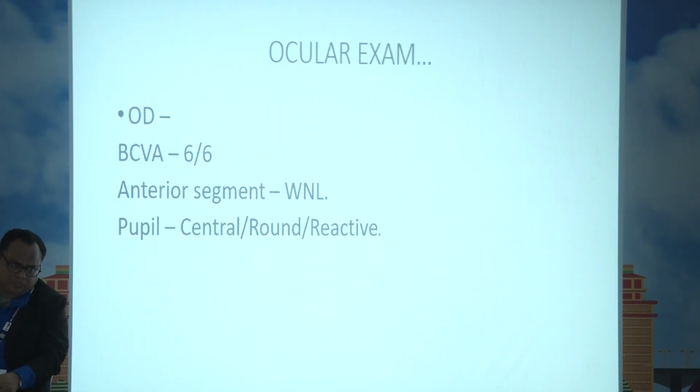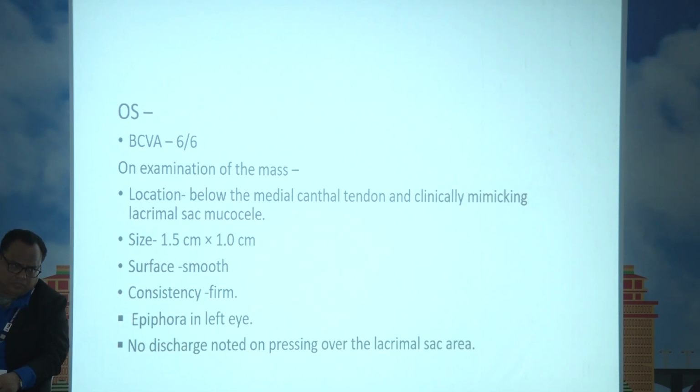On ocular examination, best corrected visual acuity in the right eye was 6/6, anterior segment within normal limits. In the left eye, best corrected visual acuity was 6/6, and the mass was located below the medial canthal tendon, mimicking a lacrimal sac mucocele. Size was 1.5 centimeter by 1 centimeter.